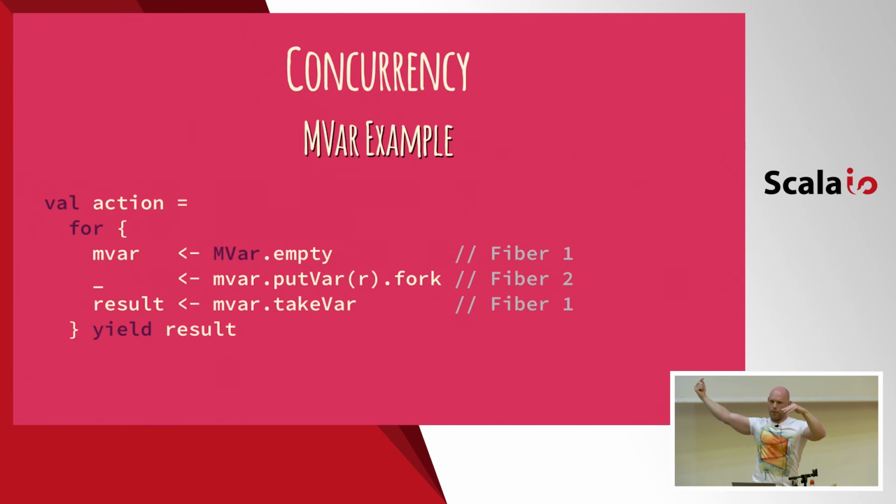In a different fiber, it's putting something into the var, and in the main fiber, it is taking something from the var. So it creates the empty one, and then it forks this thing over here, and it takes. And this take is going to suspend until something's put into it. But over here in this other fiber, it's going to put something into the var, and so it's going to resume instantly. Well, more or less.